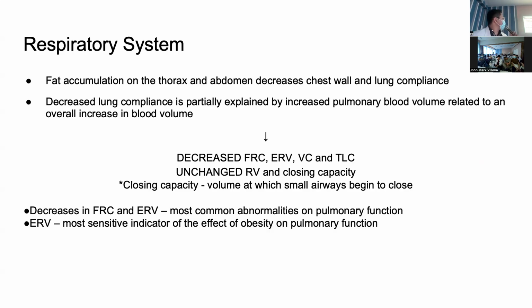There's increased residual volume and closing capacity. Closing capacity is the volume at which the small airways begin to close. Decreases in FRC and ERV are common abnormalities in pulmonary function in these patients. ERV is the most sensitive indicator of the effect of obesity on pulmonary function.